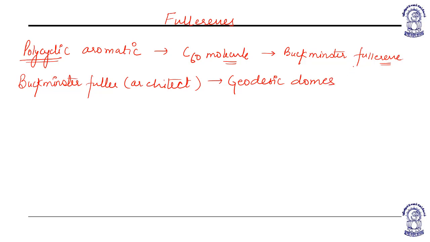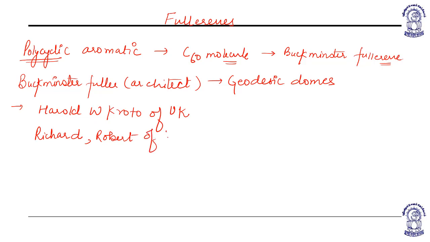They were first isolated by Harold W. Kroto of the United Kingdom and Richard E. Smalley and Robert F. Curl of the USA, and they were given the Nobel Prize in the year 1996.